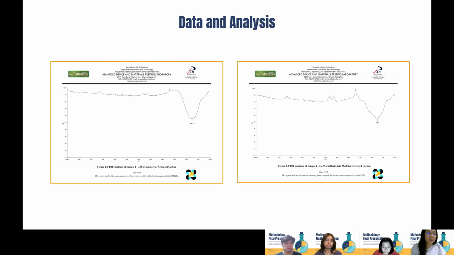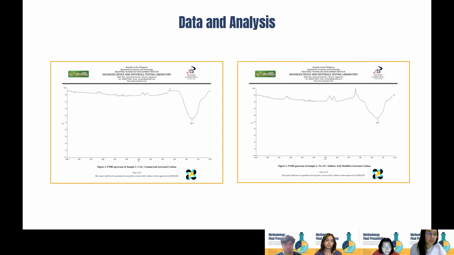To further understand, we have here the graph that shows the FTIR spectrum of each sample. The x-axis represents the infrared spectrum, which plots the intensity of infrared spectra. The peaks here, which are also called absorbance bands, correspond with the various vibrations of the sample's atoms when it is exposed to the infrared region of the electromagnetic spectrum.